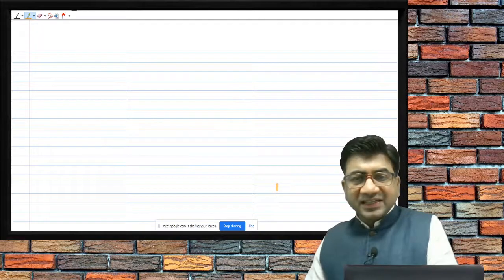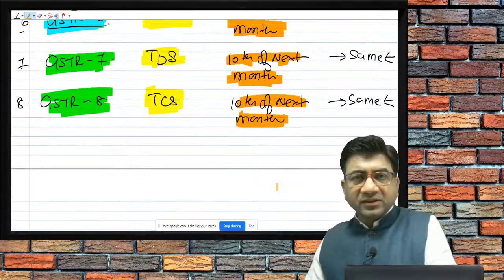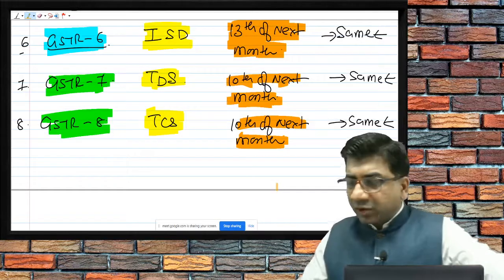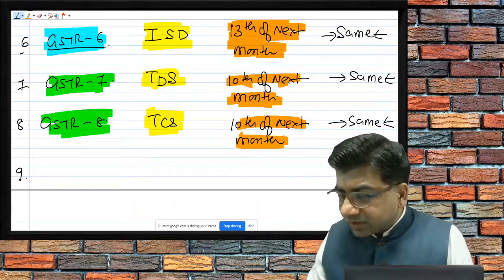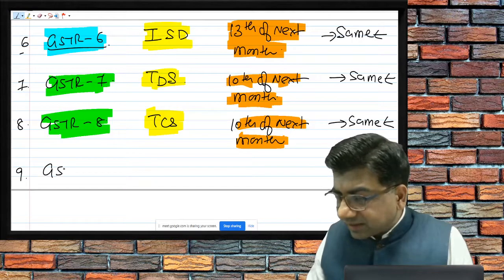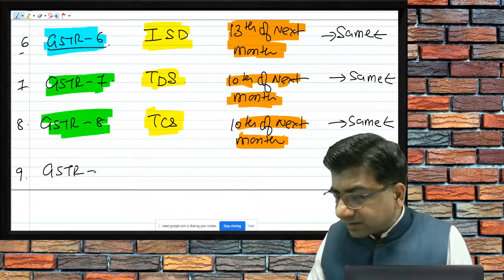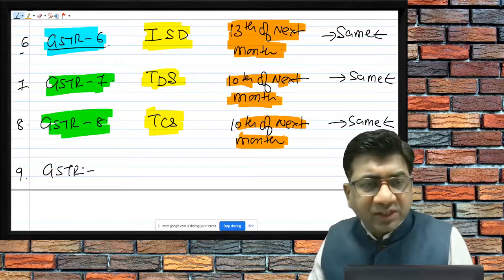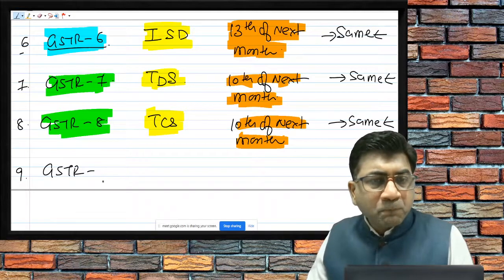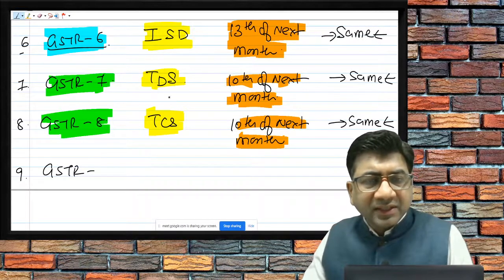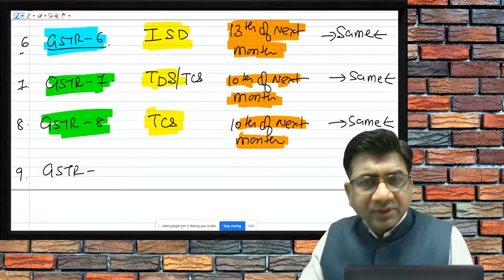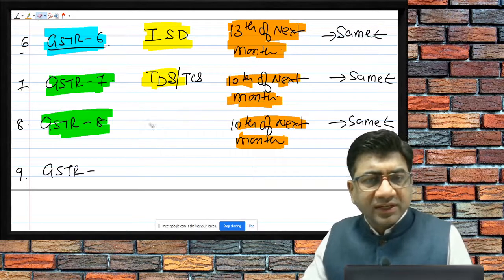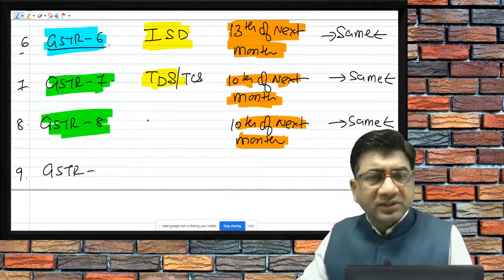Next, GSTR 9, that is your annual return. Now tell me who is not required to file GSTR 9. E-commerce operator, sorry. GSTR 8, TCS, and TCS is the same, right? Yes sir. It is for the e-commerce, ECO.